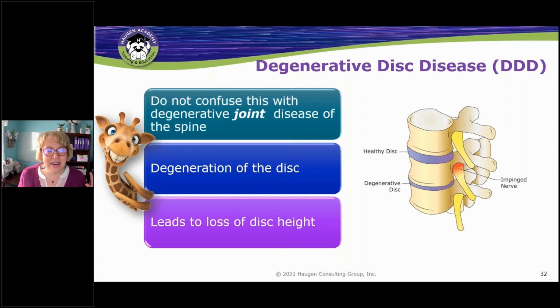Well, when you get this degeneration of the disc, that's your shock absorber, you start to get that crunching down in the vertebral joint, and now you could potentially end up with bone on bone. As those bones start to collapse and you get that loss of disc height, those spinal nerves that are coming out the neural foramen on each side start to get pinched.